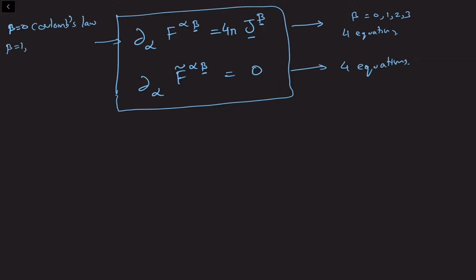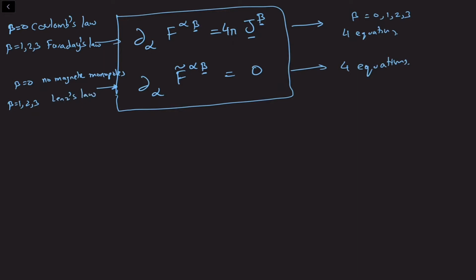Whereas beta is 1, 2, 3 would involve the current density, so those would give you Faraday's law. And similarly over here, beta is 0 would give you the no magnetic monopoles law. And beta is 1, 2, 3 would give you Lenz's law.